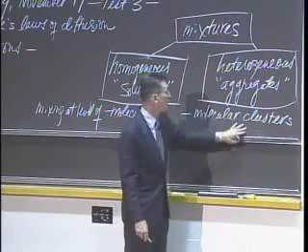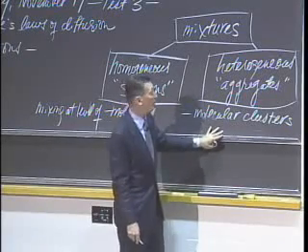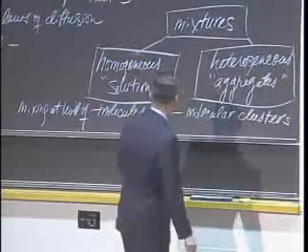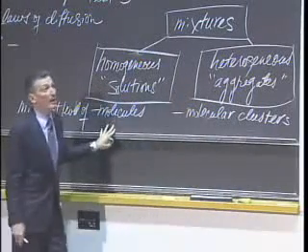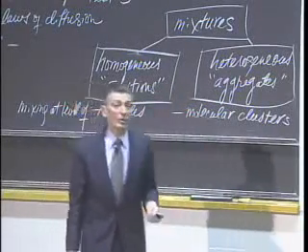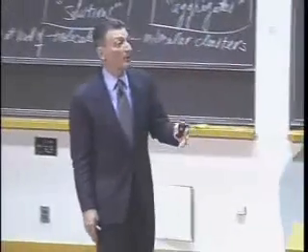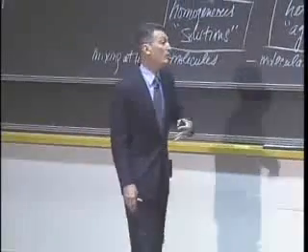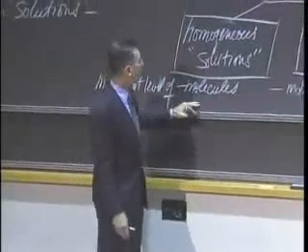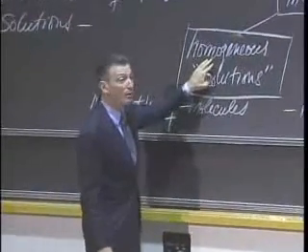They're mixed down to the level of clusters of molecules. So for example, if I look at something like brine, brine is salt dissolved in water. It's visually uniform.